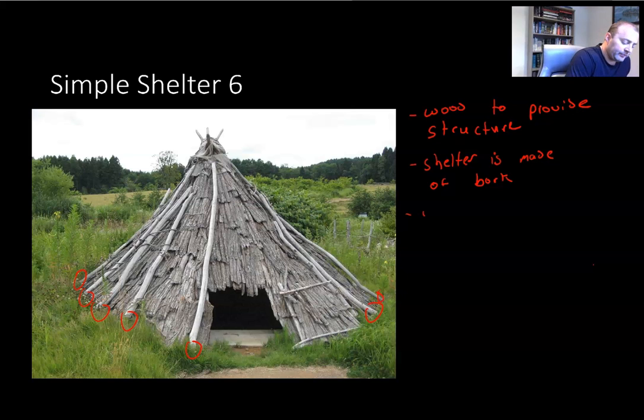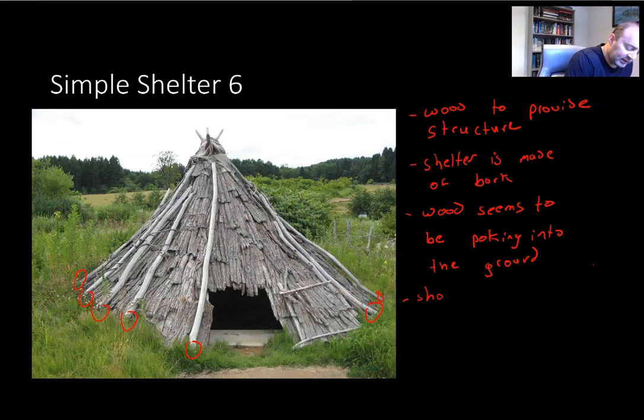So wood seems to be poking into the ground. Also worth noting, we do have a sloped shape again, so it's round, but it is sloped again. It's not domed like some of the other ones we saw.